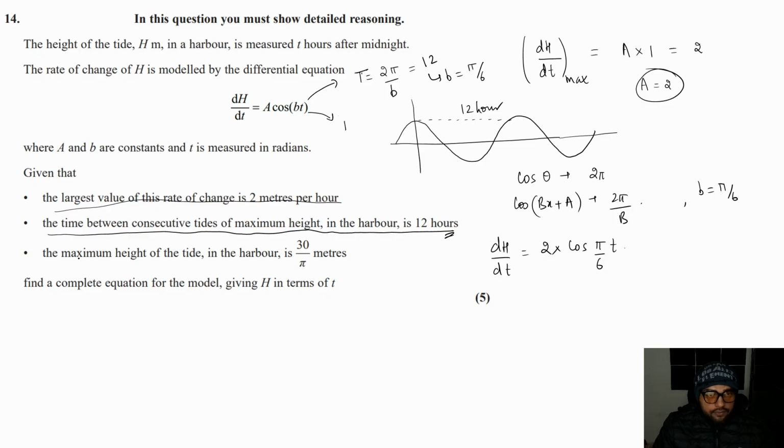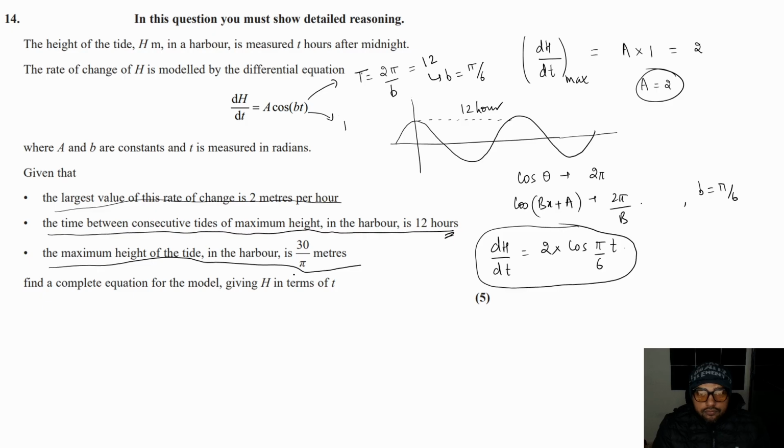Now, in the question they have told that the maximum height of the tide in the harbor is 30 by pi meters. This means they are asking about the h component, and we have got the value of the derivative of the h component. What we need to do is integrate here. So dh by dt is equal to a times cos bt.